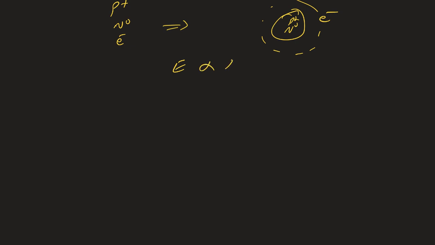It means when a proton, neutron and electron form an atom, their mass decreases. This decrease in mass will appear in the form of energy according to mass energy equivalence. And later on you will see this inside fission and fusion.